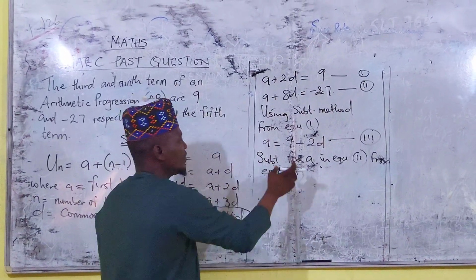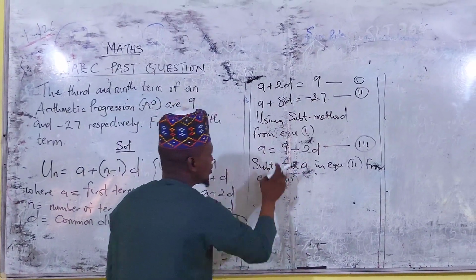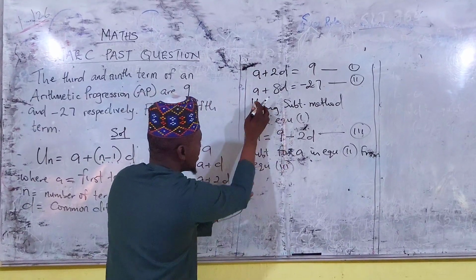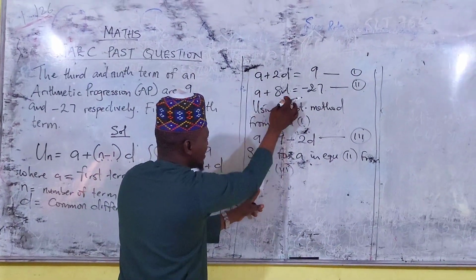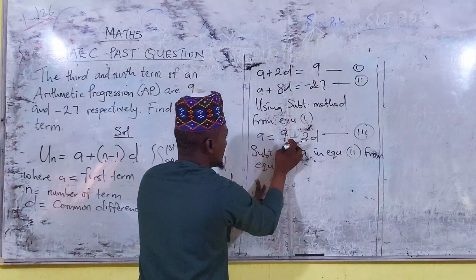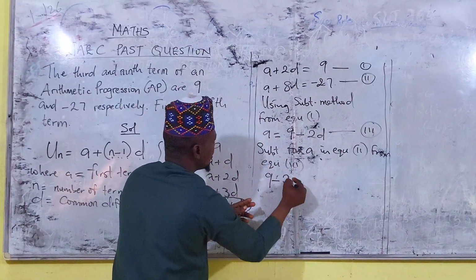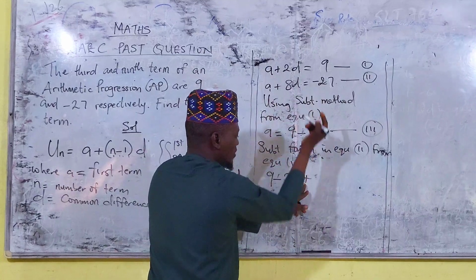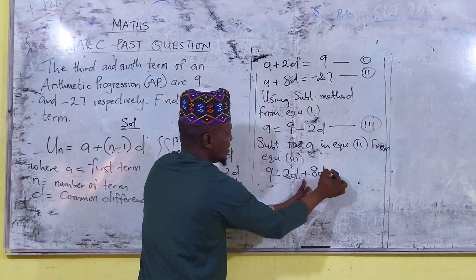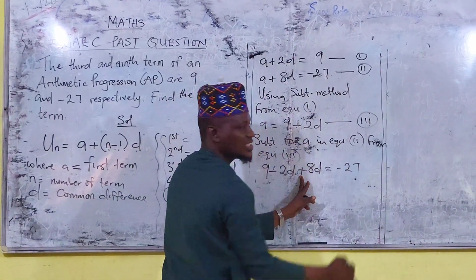Instead of having A plus 8D, this A will now be written as 9 minus 2D, so we have 9 minus 2D plus 8D equal to minus 27.